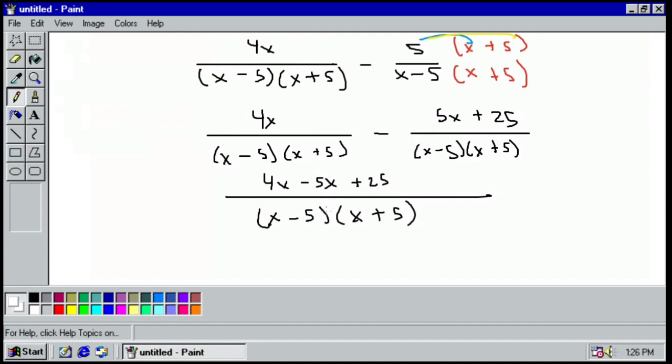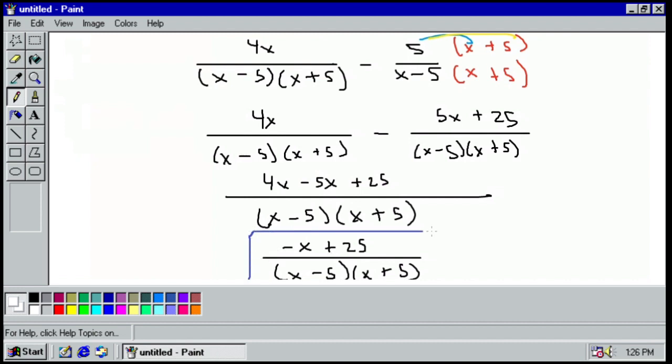So we're just going to add like terms. 4x plus negative 5x will give us negative x plus 25, and just copy the denominator. So as you can see, this topic is pretty easy. This will be the final answer.